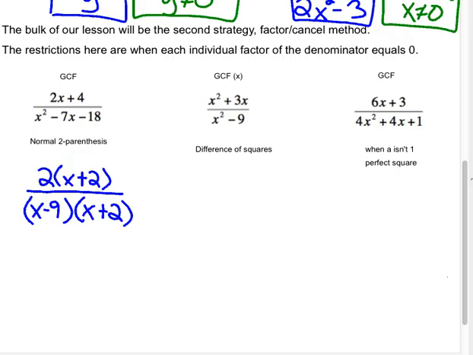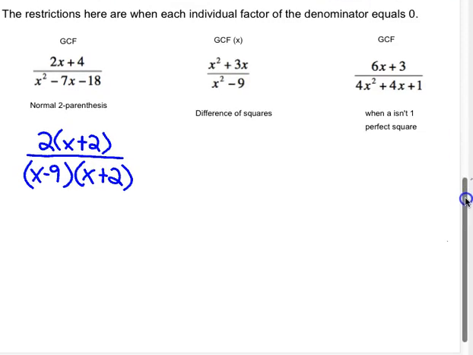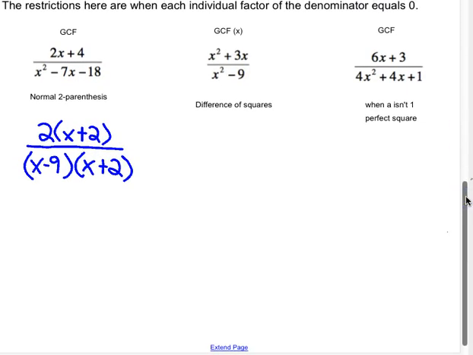All right. Now, before I finish it, before I start canceling, this is a good place to take care of your restrictions. Before you cancel, because remember, it's the original denominator that matters. So, after we factor, but before we cancel, let's take a look at these.